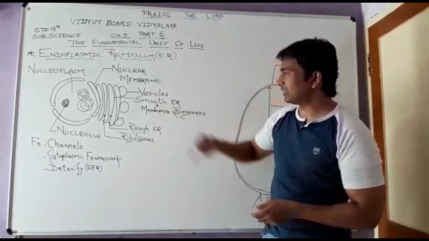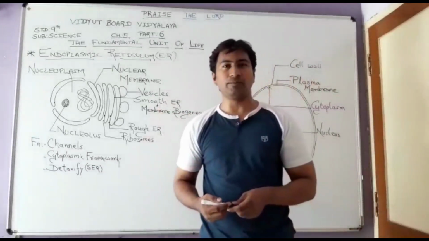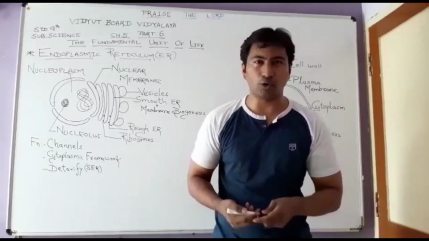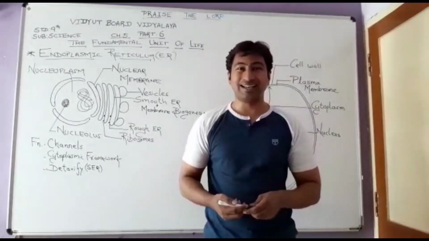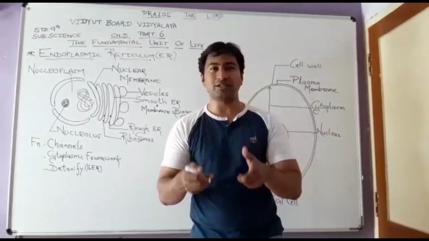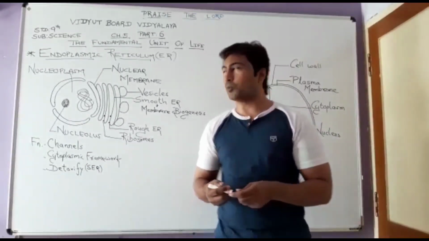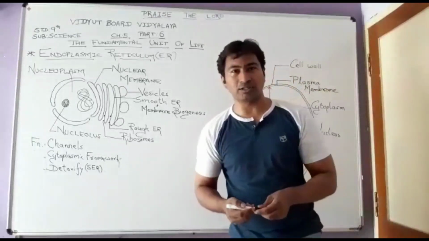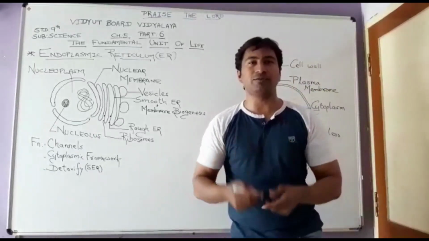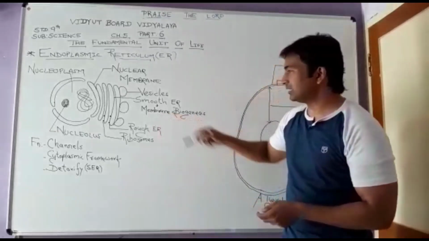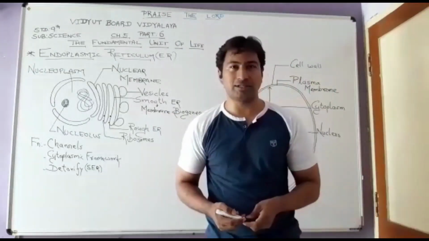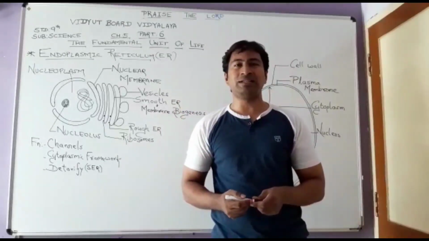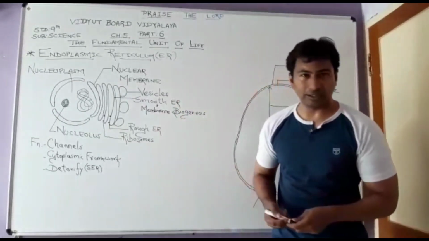In relation to the smooth endoplasmic reticulum, it performs the function of the synthesis of fats or steroids, and this synthesis of steroids or fats is ultimately responsible for the formation of the plasma membrane. Such a process which helps in the formation of the plasma membrane is said to be the membrane biogenesis.